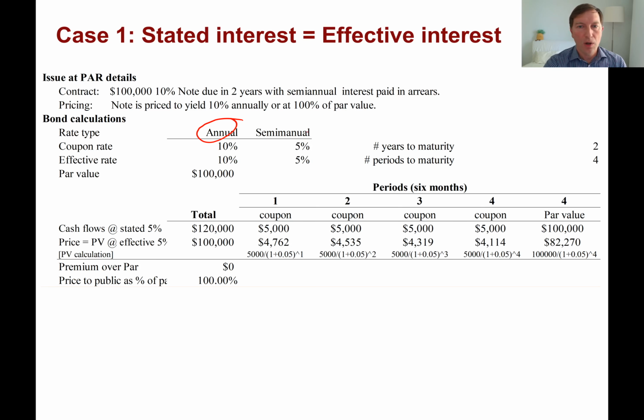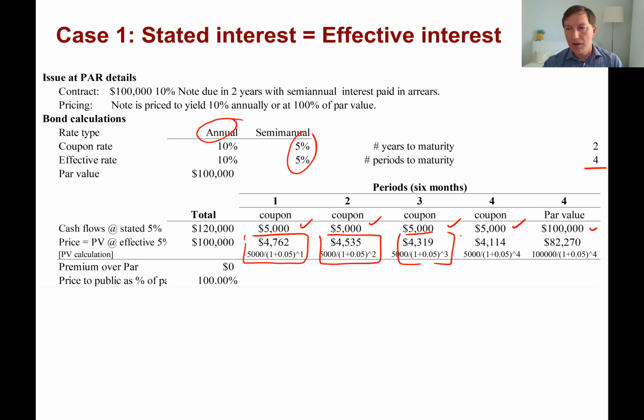So the semi-annual rate is going to be 5%, and we have 4 periods. So the cash flows are going to look as follows. We have these cash flows that we are going to discount, and when we discount each of these cash flows, we get the following quantities. And then we sum up all these quantities, and we're getting exactly 100,000, right?